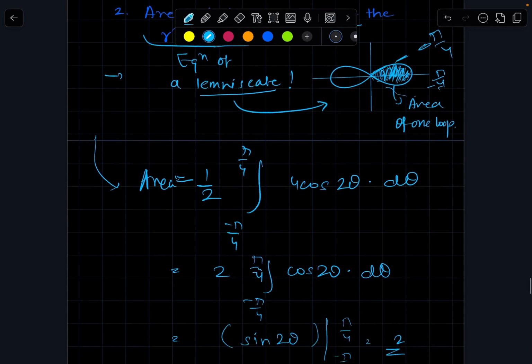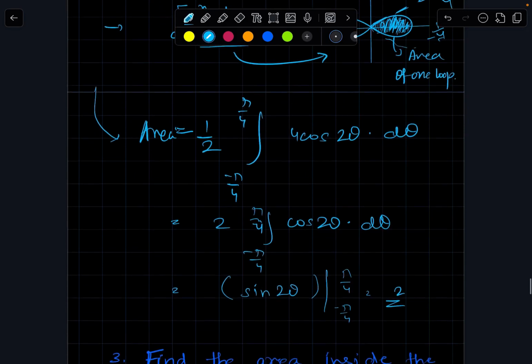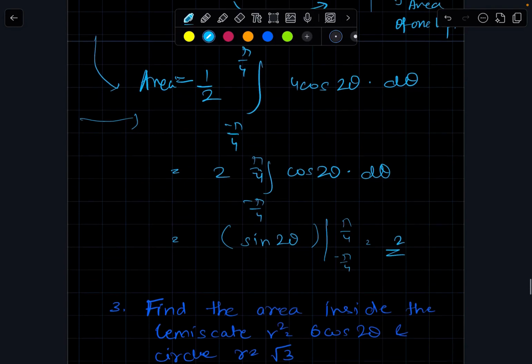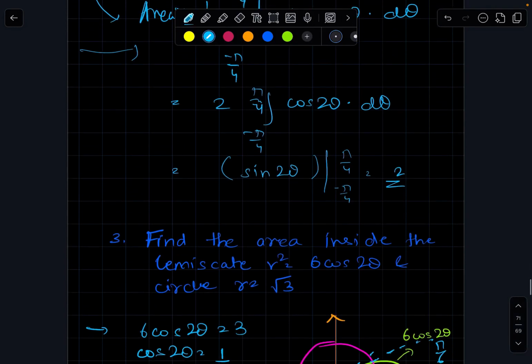So those are going to be our limits, and that's how we're going to solve. You can also solve it from 0 to pi by 4, but then you would have to multiply it by 2 as well, but that's a discussion for another topic. And our answer should be 2.